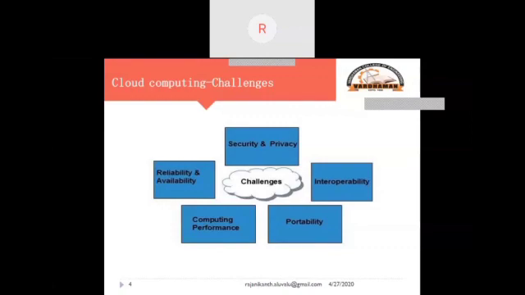There come some issues in migrating the applications from our own infra to the cloud, or from one cloud to another cloud. Then moving on, another important challenge is computing performance.